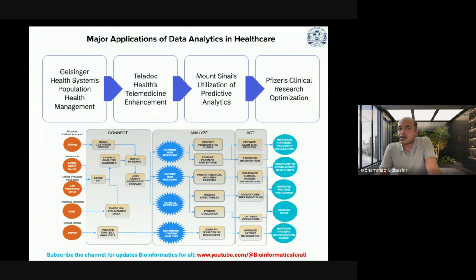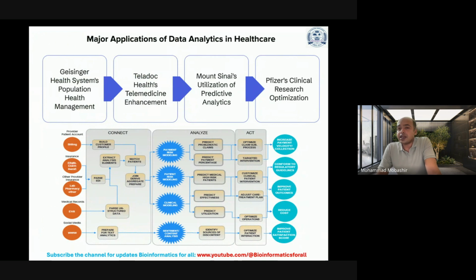Then Teladoc Health also uses it in telemedicine enhancement. Mount Sinai Hospital in USA utilizes it for the purpose of predictive analytics, and Pfizer, one of the leading international companies or USA-based company in the pharmaceutical industry, uses it for clinical research optimization and drug development purpose.